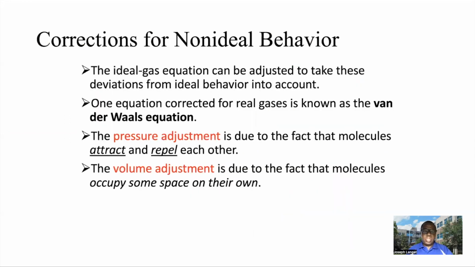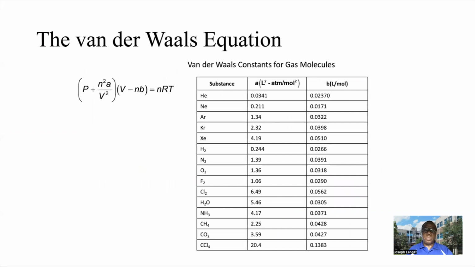I've gone through this adjustment and how the van der Waals equation is used to correct for volume. This slide here, I don't want you to pull your hair out or fry your brain trying to memorize the A and B values, the pressure correction and volume correction.